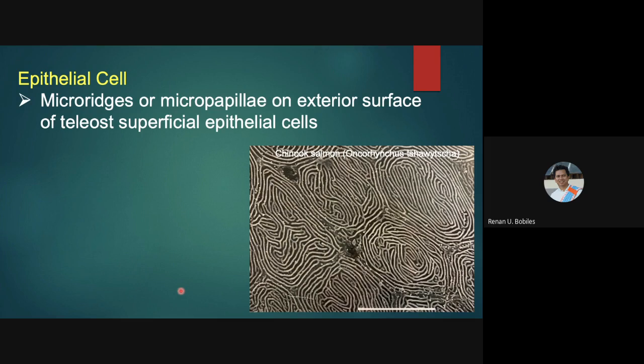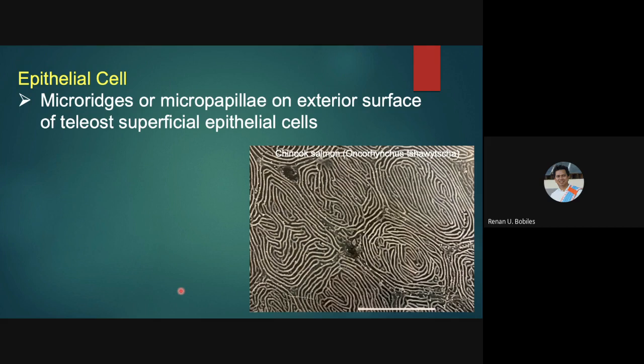The epithelial cells, if you look at the surface of the fish, ito example, ito is from a salmon. Microridges or micropapillae on the exterior surface of superficial epithelial cells.